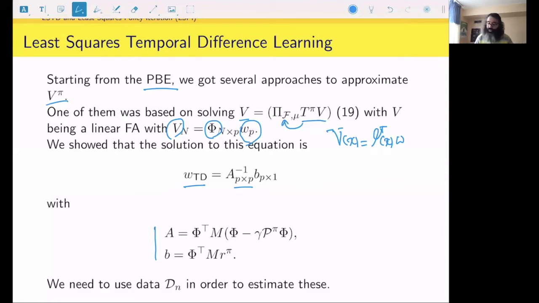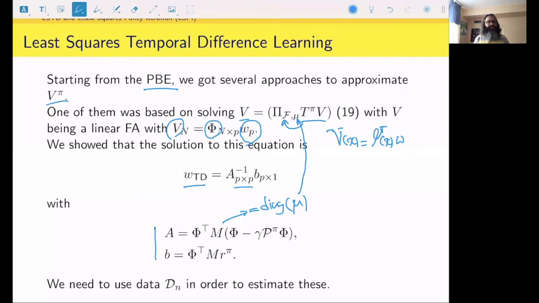And M was essentially this diagonal matrix that we put mu in. And mu was the distribution that we have here, the distribution with respect to which we do the projection.